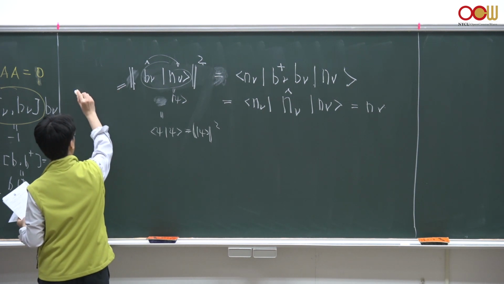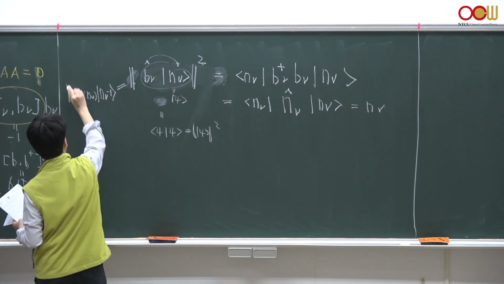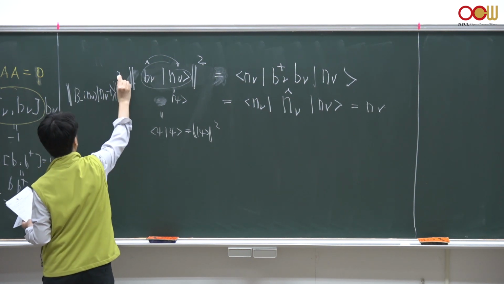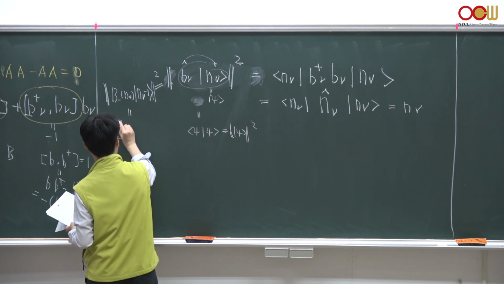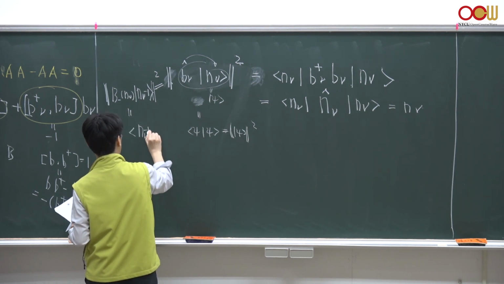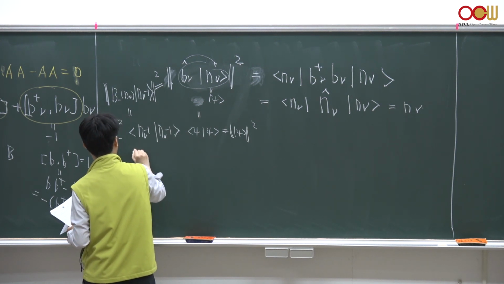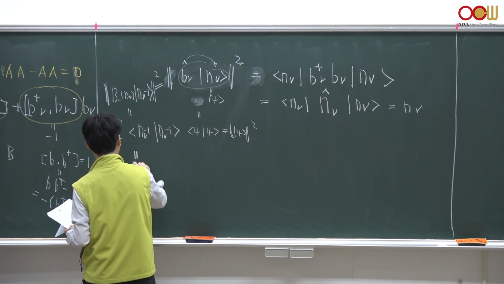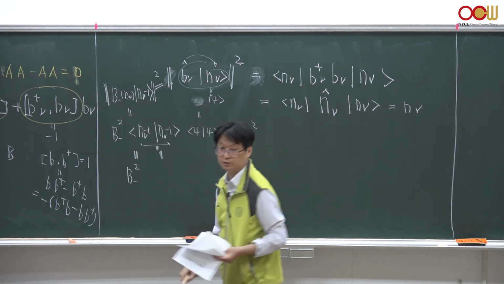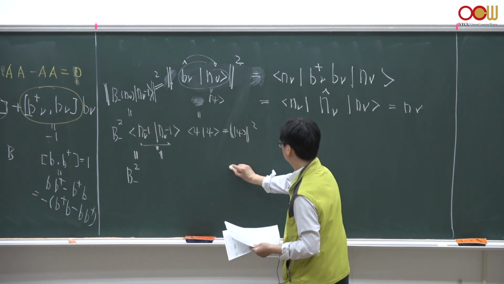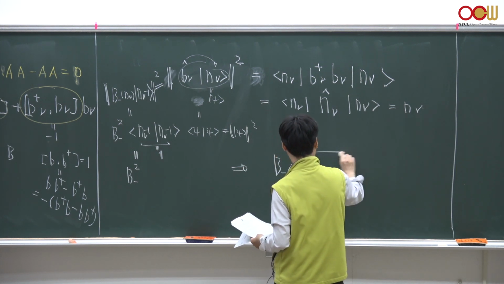This is nothing but B minus and N nu minus 1, and I square this. But what is this? This is nothing but B minus squared, with an N nu minus 1 on the left and N nu minus 1 to the right. And by normalization, this is nothing but B minus squared times 1, because this is simply normalized to 1. Therefore, you get B minus is the square root of N nu.